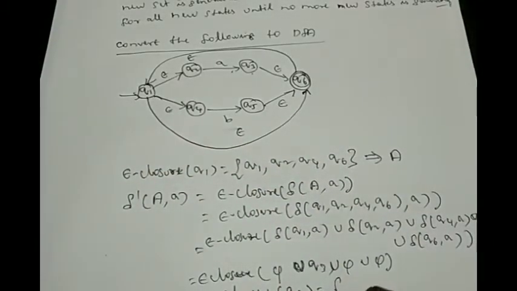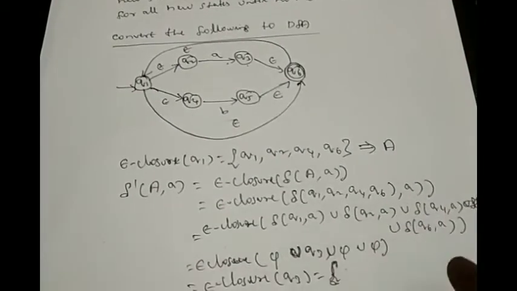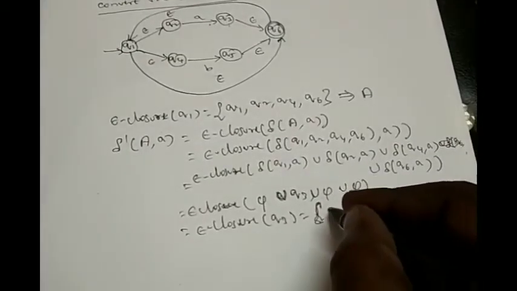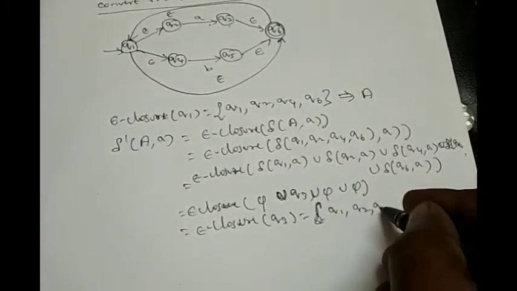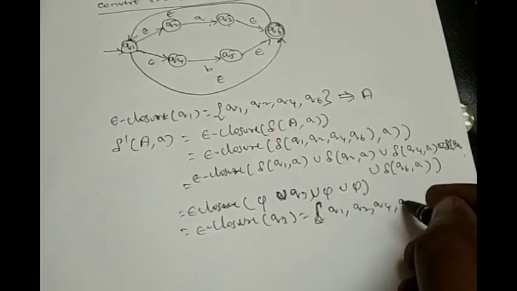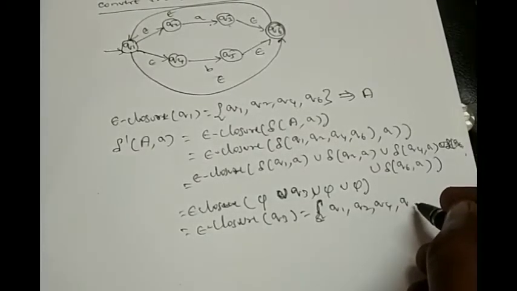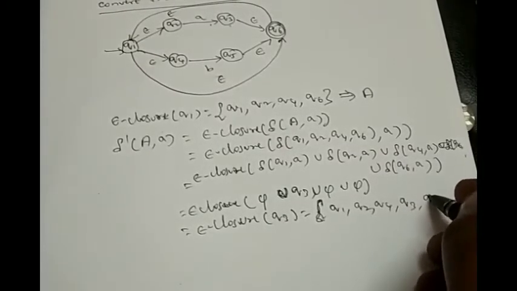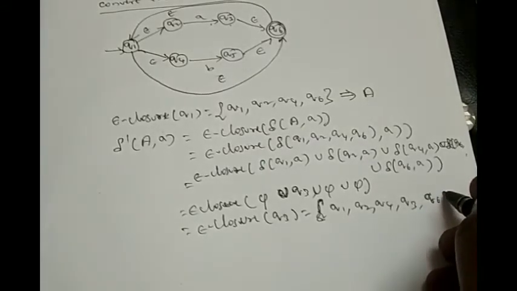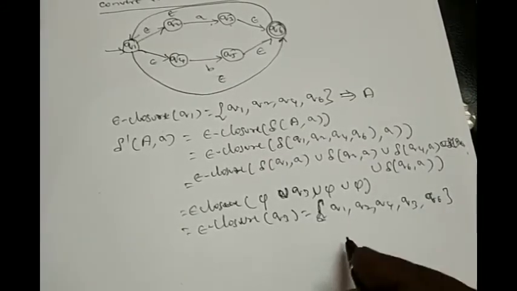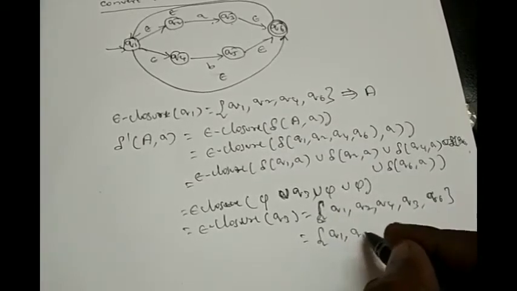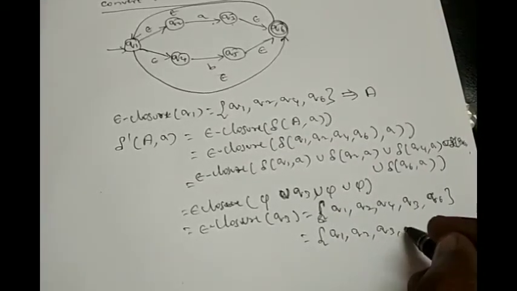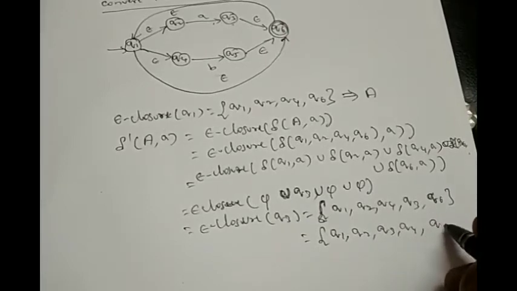So you will get the answer: epsilon closure of Q3 is equivalent to Q1, Q2, Q4, Q3 and Q6. Okay, so these are the sets. I just put it in an order: Q1, Q2, Q3, Q4 and Q6.